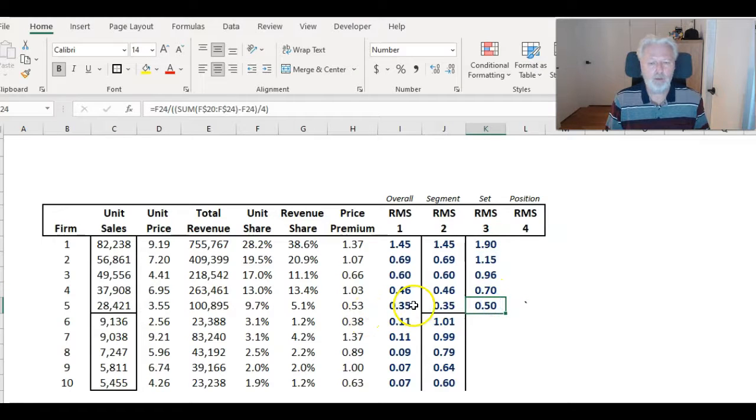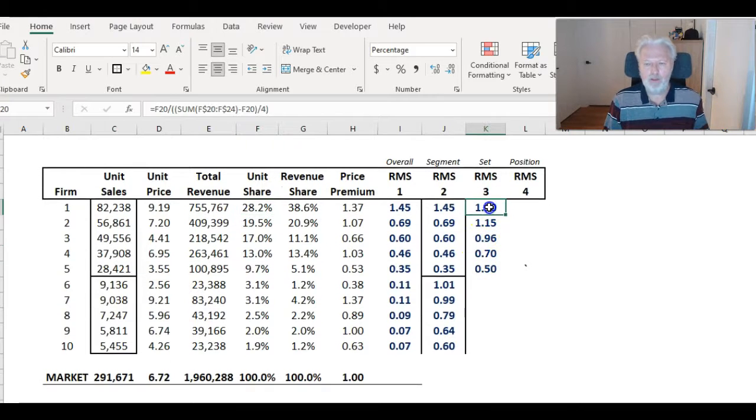This player here was 35%, is now 50%. So that's also gone up because again it's comparing itself to the average, rather than the market leader. So it gives us a relative measure of how we're comparing ourselves to the overall group, which is good. And I would then just repeat that formula down here.